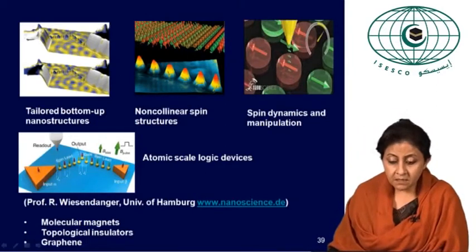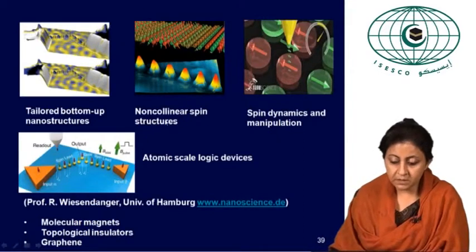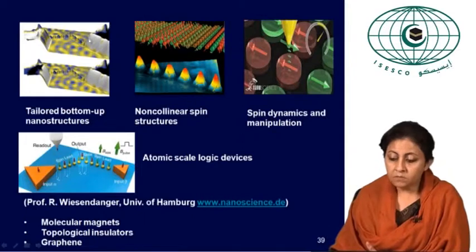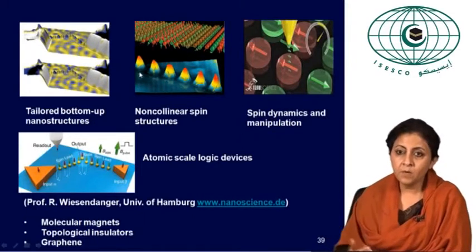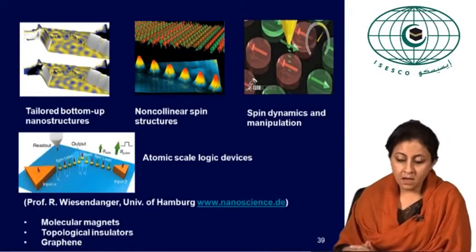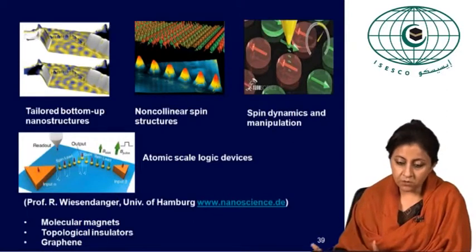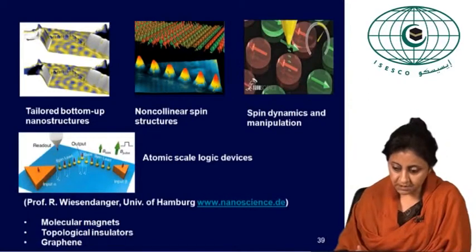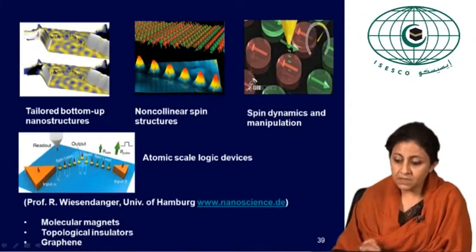Another very interesting thing that people are looking into are non-collinear spin structures, where the spin forms different kinds of helical patterns, circular patterns, and the idea is, can we utilize these for quantum computation and quantum information processing. The STM also allows you to control spin dynamics and manipulate individual spins.